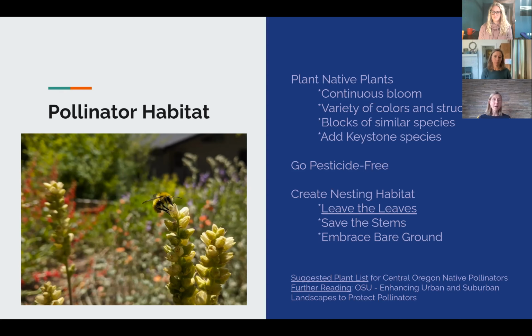And to that point, we want to plant a variety of colors and structures of flowers. So if you think about a hummingbird coming to visit one of your red penstemon flowers, a tubular flower, the hummingbird's tongue and beak are designed to extract the nectar out of those tubular flowers by the architecture of their tongues and their beaks.